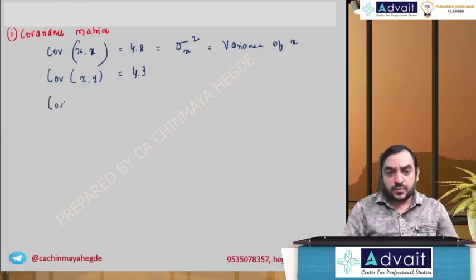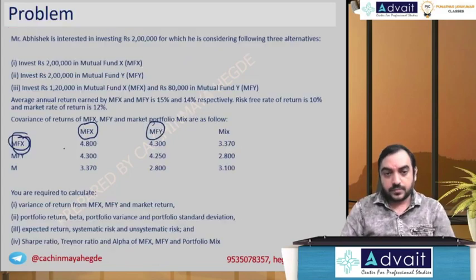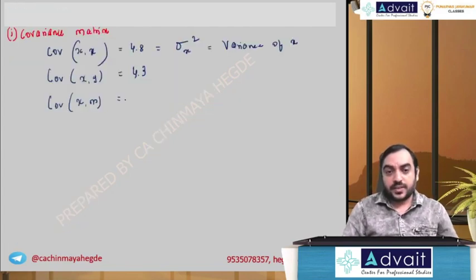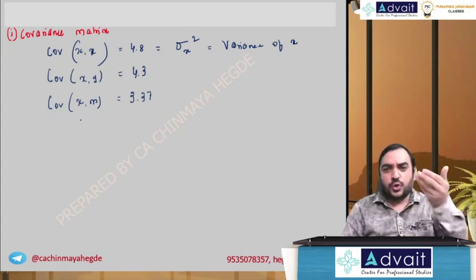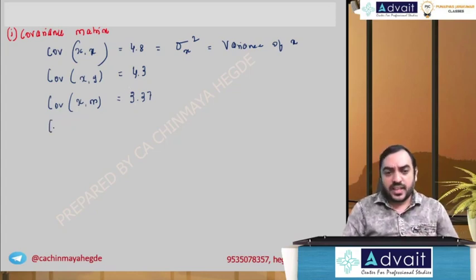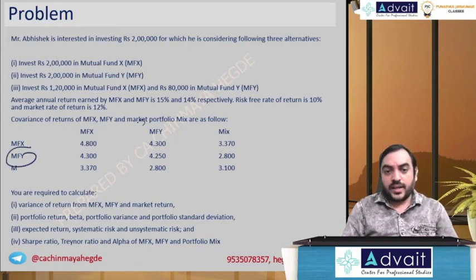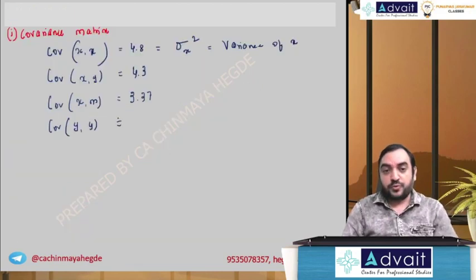Then covariance between X and market. X and market 3.37. Then covariance between, don't write Y and X again. You get 4.3 only. I told you X comma Y, Y comma X, so both are same. So don't write Y comma X again. Let's go further. Covariance between Y comma Y. So Y row heading, Y column heading 4.25.